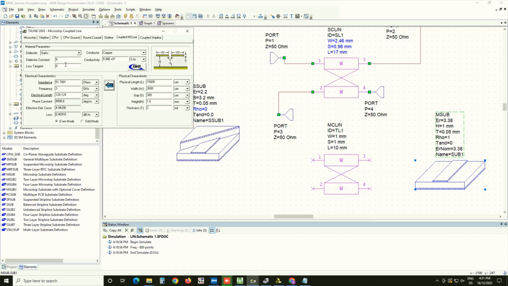Okay, so even with a dielectric constant of 6, I have just about reached 51 ohms. So, okay, 55.28 is what I needed, and I have 55.62. Okay, that's close enough. Odd mode is 30. So I need to increase this. 32.